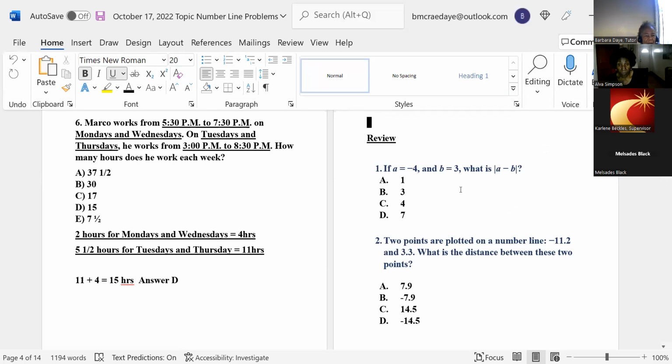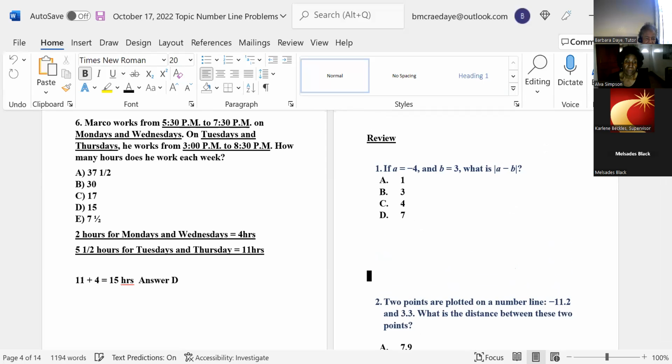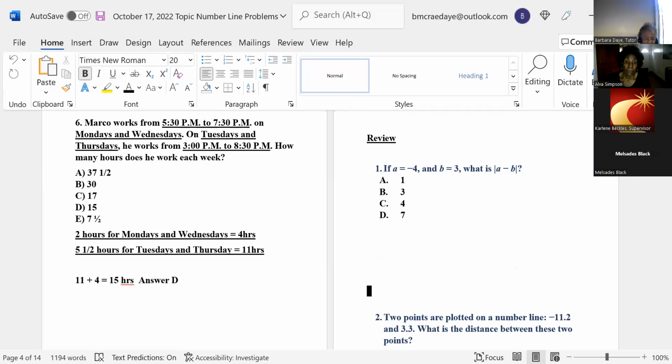All right. So if A is -4 and B equals 3, what is the absolute value of A minus B? Anybody want to solve that for me?